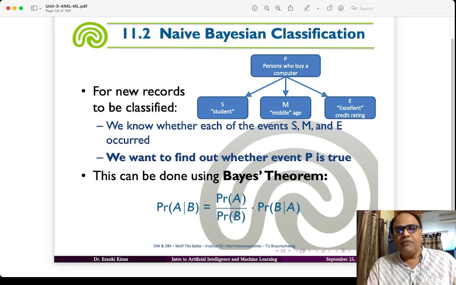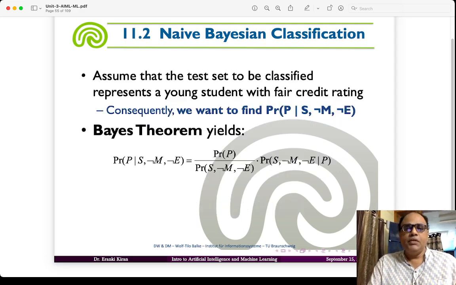All of us are familiar with Bayes theorem. So the probability of occurrence of A given B can be given in this manner: probability of A times probability of B given A, divided by probability of B. What we are actually looking at here is the prior probability to the posterior probability, the a priori probability before to the probability after.